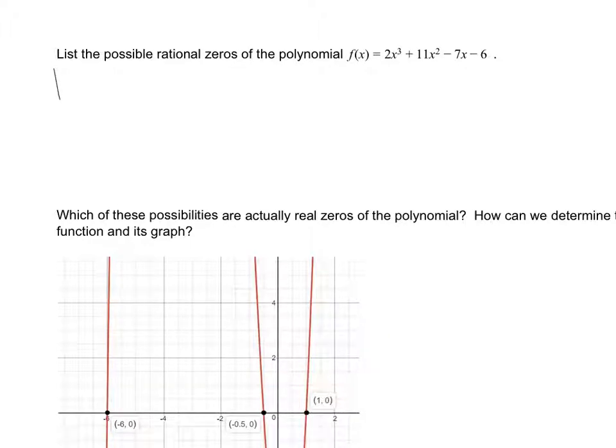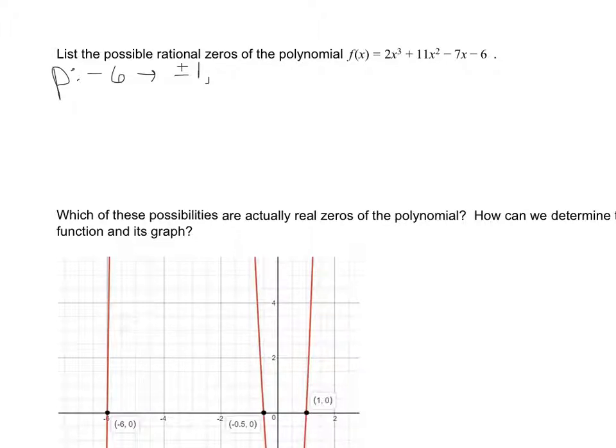So p are the factors of our constant. So our constant term in our polynomial is -6. So when we talk about its possible factors, we have to talk about positive and negative factors. So I know positive and -1 are potential factors.